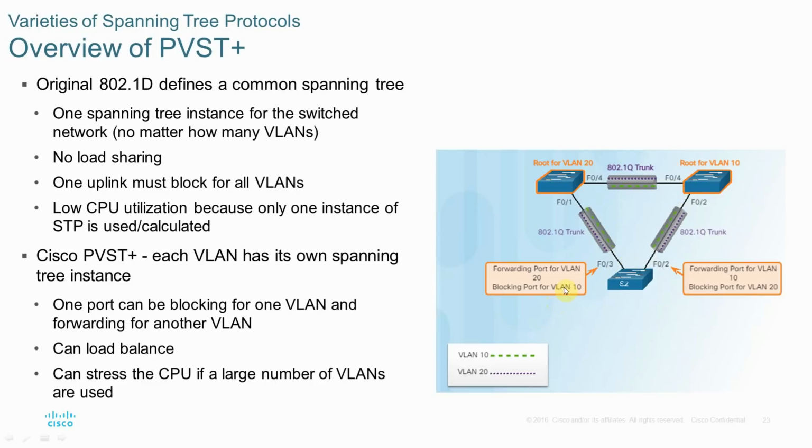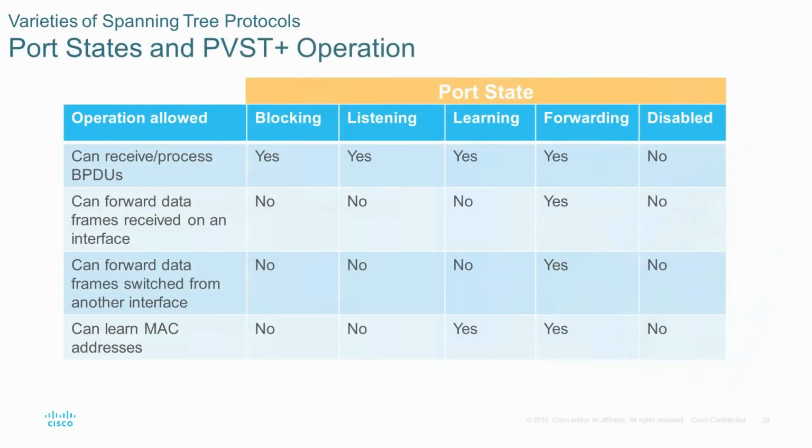So PVST Plus is used for load sharing, but it can stress the CPU if a large number of VLANs are used. Okay, PVST Plus has different port states. So what are the different port states?